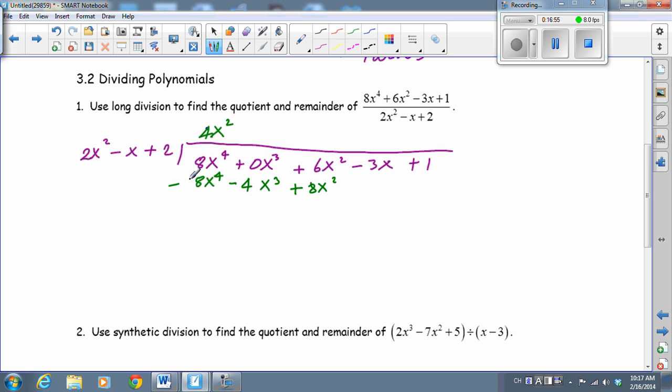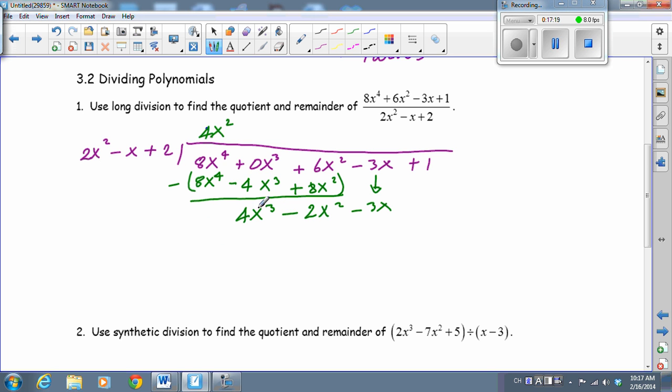And of course, you change the sign on all of these. You subtract. This first element we cancel, the next one we turn into 4x cubed, and the last one we turn into negative 2x squared. And you drop the next one, which is negative 3x. And you ask yourself the same question.